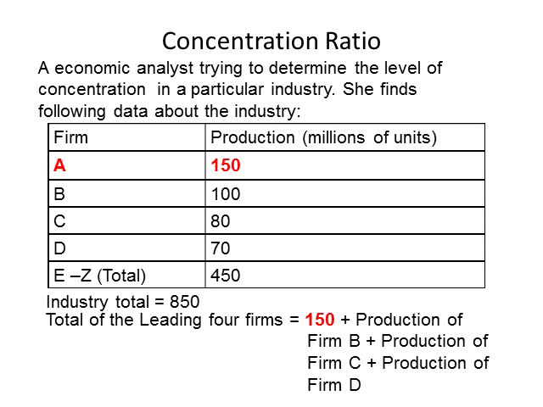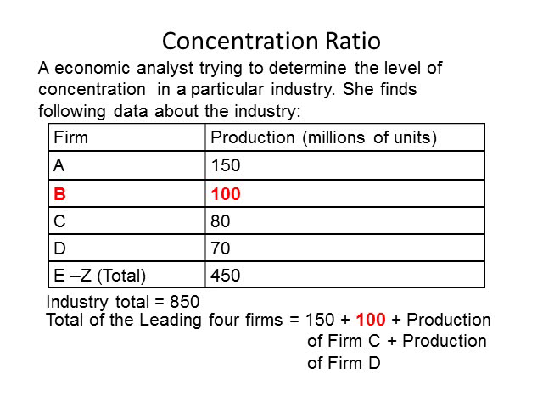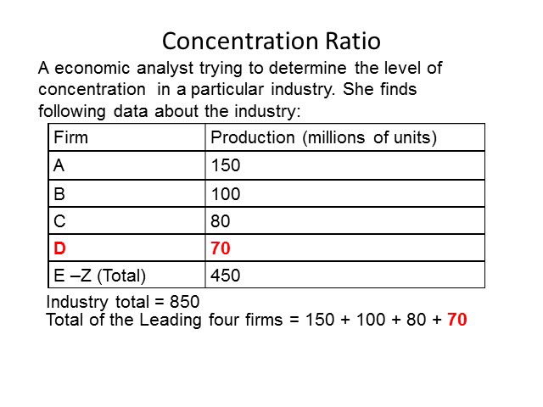Next, we'll substitute 150 for Firm A's production, 100 for B's production, 80 for C's production, and 70 for D's production. Next, we need to add these numbers together. This gives us 400 for the market share of the 4 leading firms.